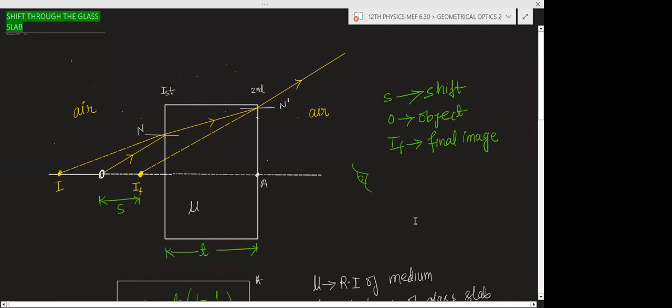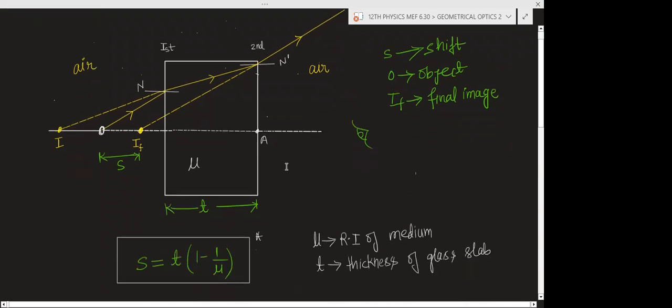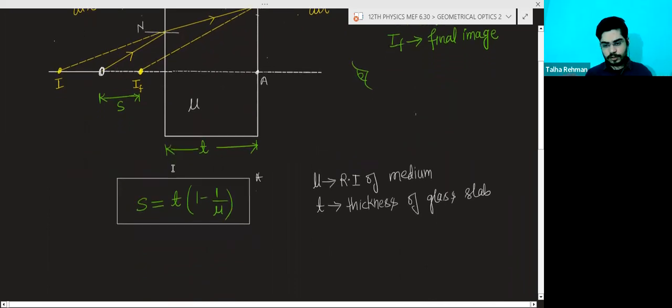Yes. Okay, this formula will be used when we solve the numericals.